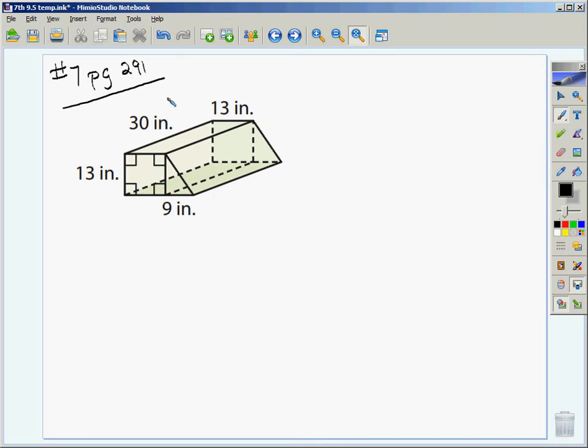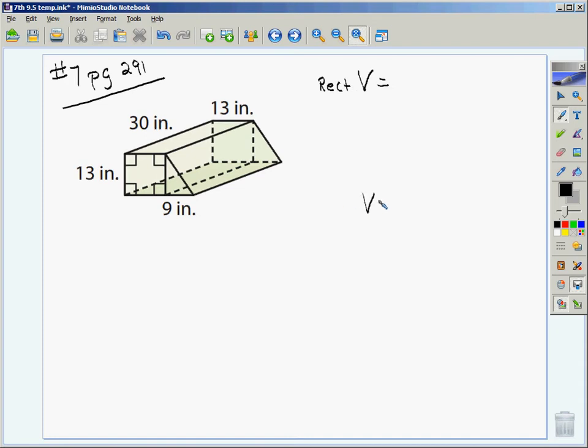Okay. Listen. Although there's more than one way I can do this, I want you to see that there's basically 2 prisms here. There's a rectangular prism and a triangular prism. Everybody see it? So, we're going to find the volume of the rectangular prism.